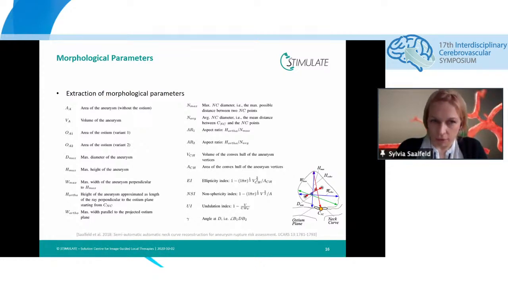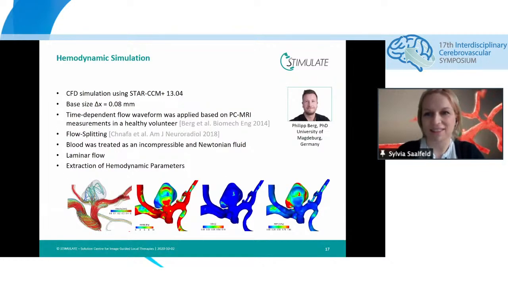Next to the morphological parameters, we were also interested in the hemodynamic parameters, and therefore Philipp Berg, who's also a postdoc at Magdeburg, in Gabor Janiga's group, who's our CFD expert, carried out the CFD simulation based on the 3D DSA models, and he used Star-CCM+ and the parameters that I listed here.